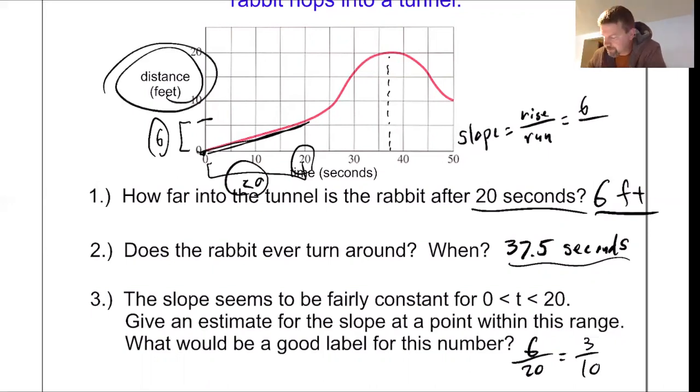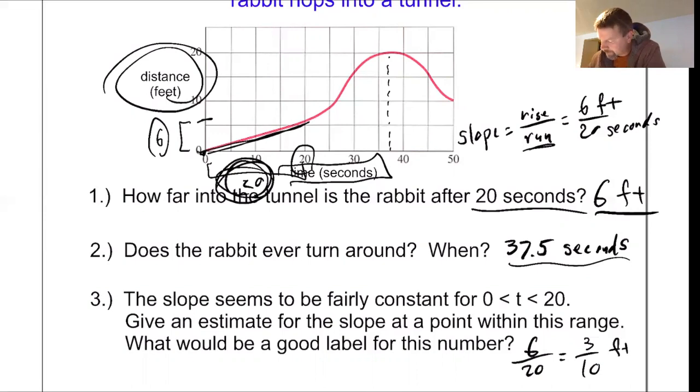It was 6 feet. That run of 20 wasn't just a 20, it was a time. It was 20 seconds. So when I measured that 6 out of 20, that was 6 feet for every 20 seconds, which would reduce down to 3/10 of a foot per second.